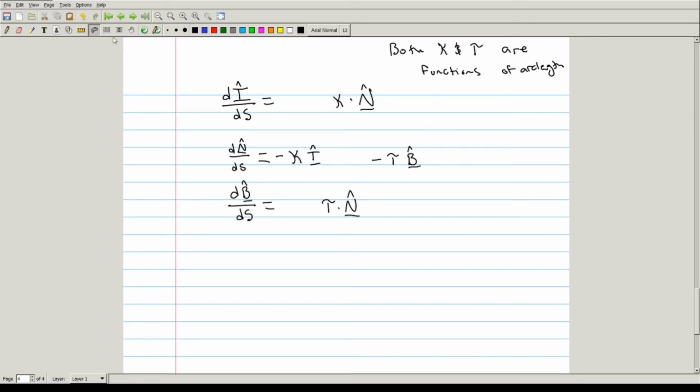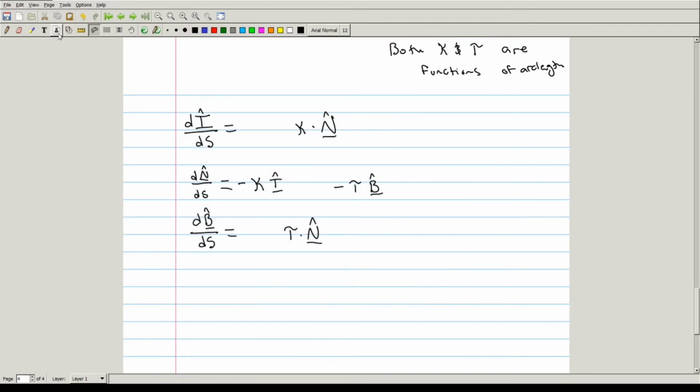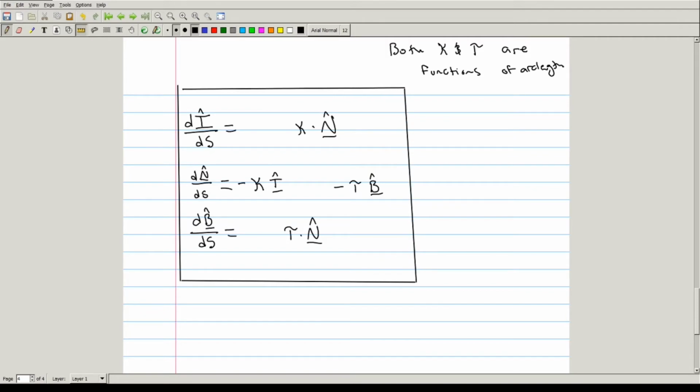But what we've done is we've derived what's called the Frenet-Serret system of differential equations. And the left-hand sides are first-order derivatives. Each one of these has 3 first-order derivatives.